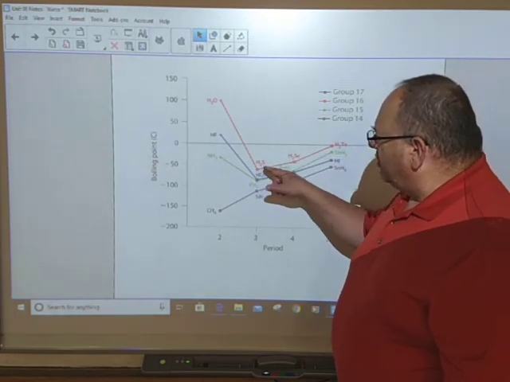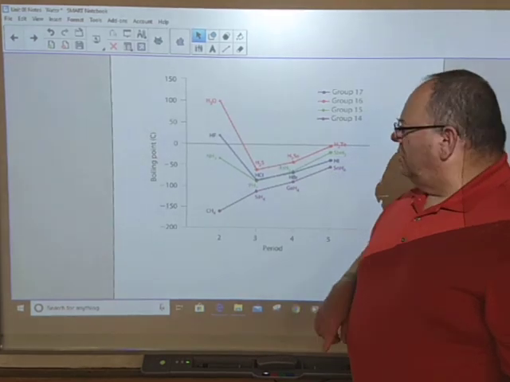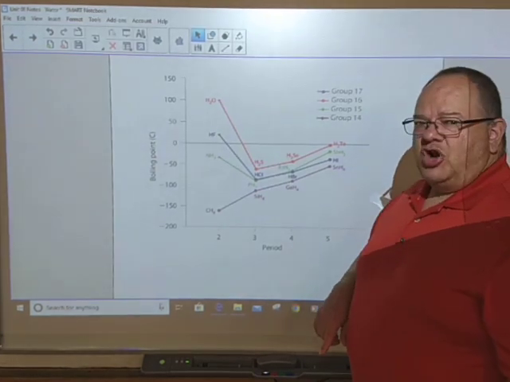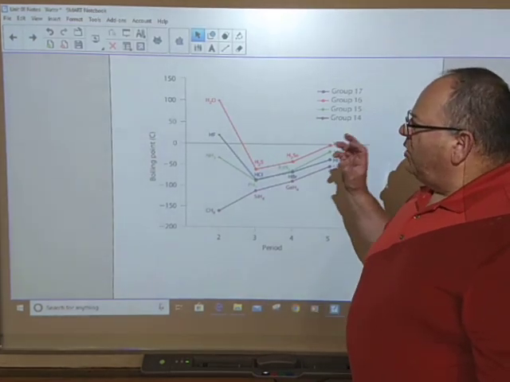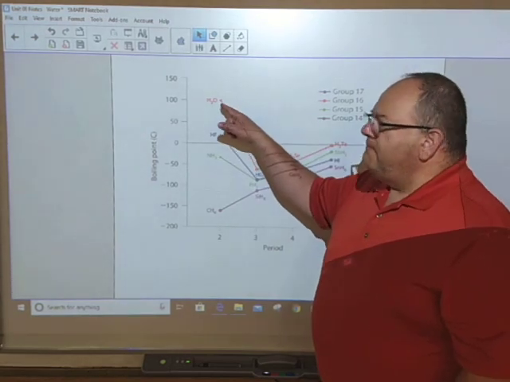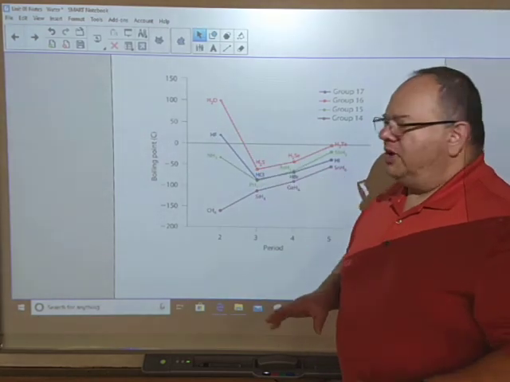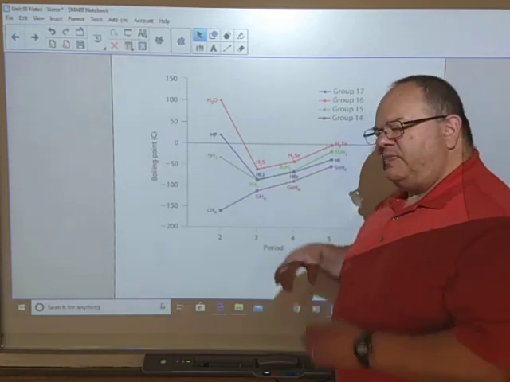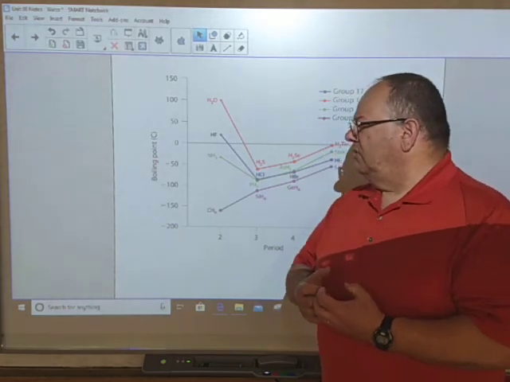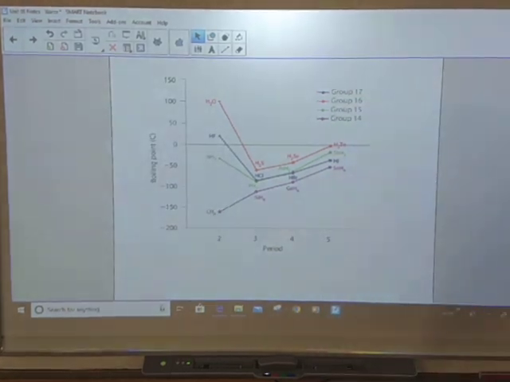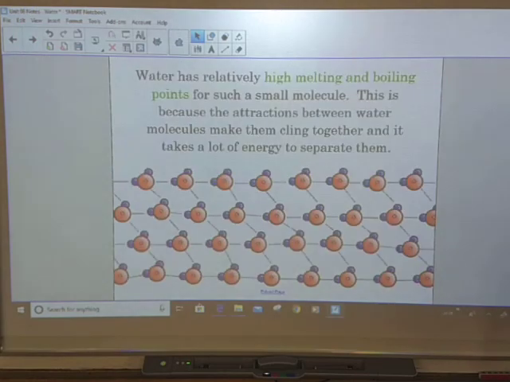H2S, boiling point gets lower. But when we go to H2O, this thing takes a sharp bend. What this tells us is that water has a much, much higher boiling point than what we expect from the size of the molecule. How can you explain such a high boiling point for that molecule?